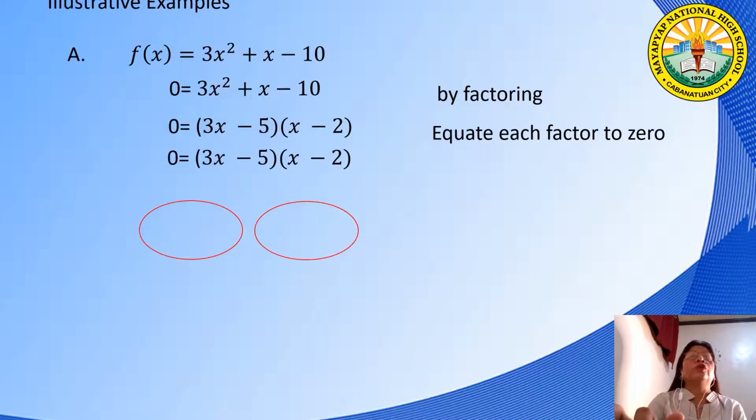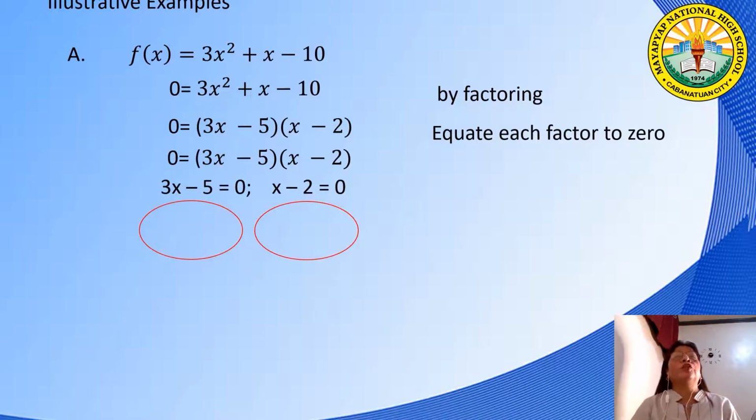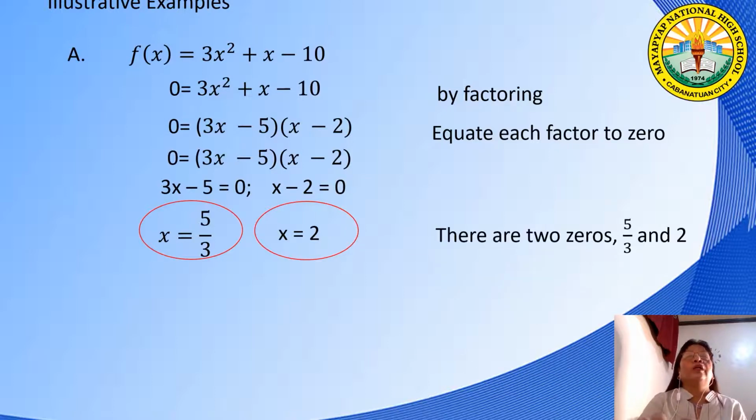So 0 equals quantity 3x minus 5 times quantity x minus 2. Then you solve for the value of x. So x equals 5 over 3 and x equals 2. So there are two zeros, 5/3 and 2.